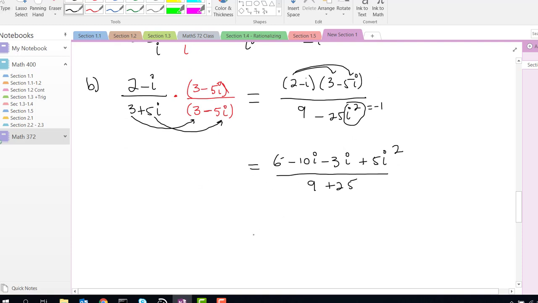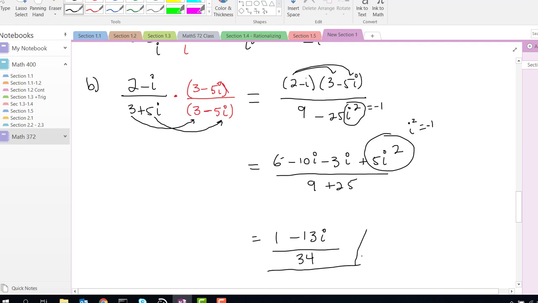So this here, remember i squared is equal to -1, so that becomes -5. So 6 minus 5 is 1, minus 13i, over 25 plus 9, so that's 34. And that will be our answer.